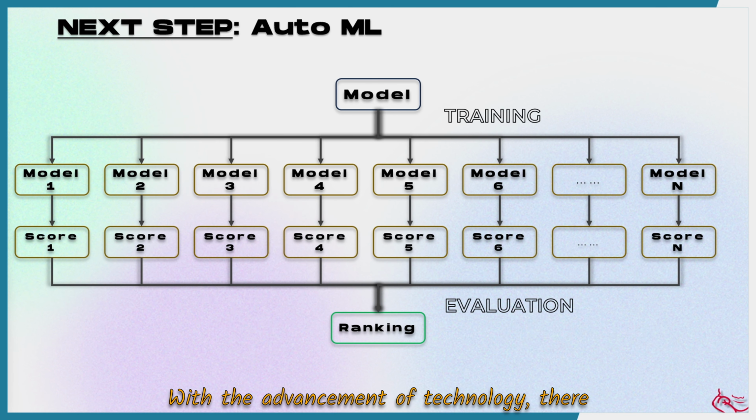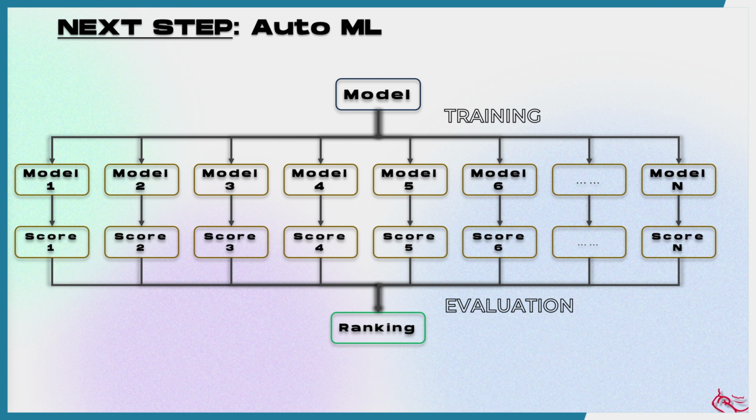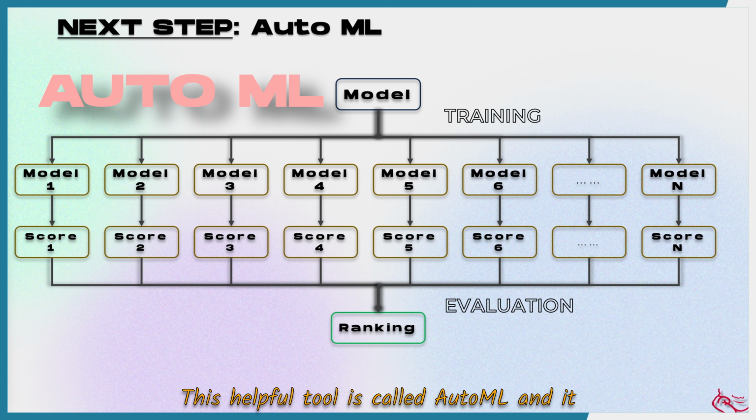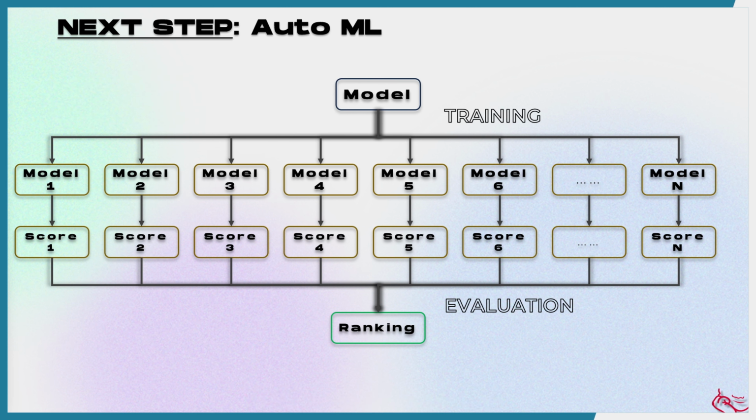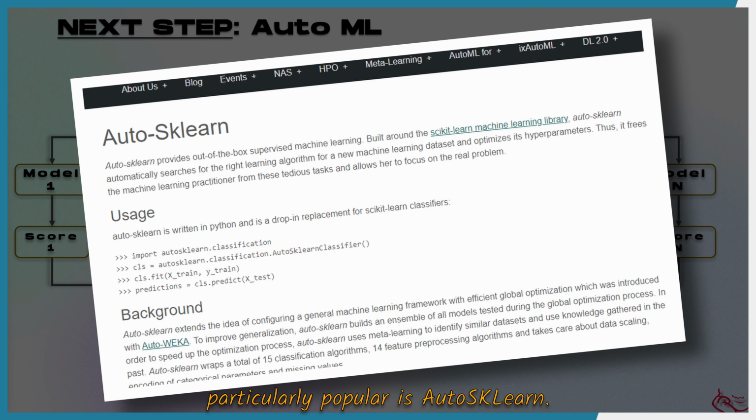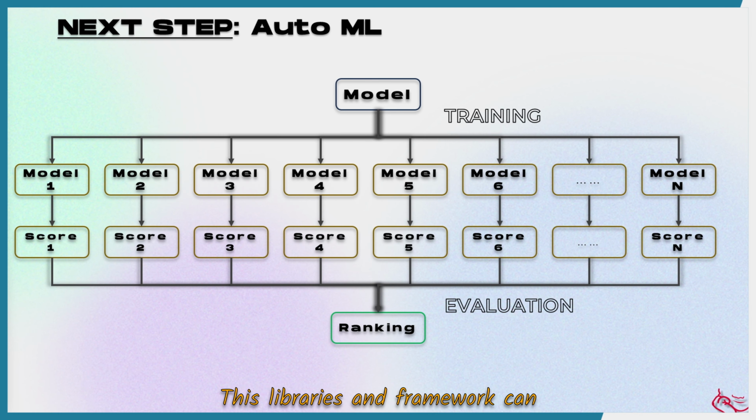With the advancement of technology, there is now a way to get help with selecting the best algorithms for your needs. This helpful tool is called AutoML, and it is available in several libraries and frameworks, both free and commercial. One open source library that is particularly popular is Auto-sklearn. These libraries and frameworks can automatically prepare your data, choose the best machine learning model for your dataset, and adjust hyperparameters for optimal performance.